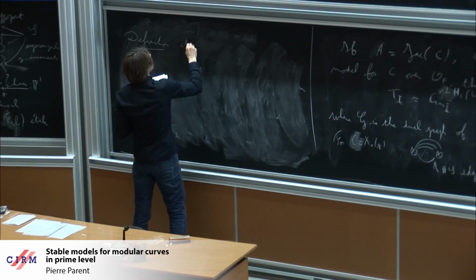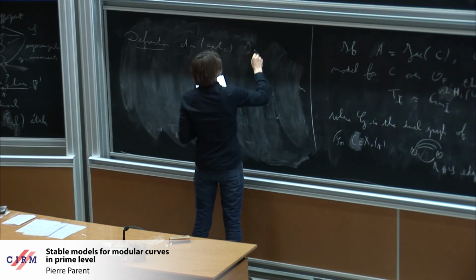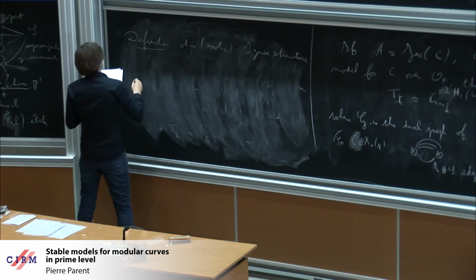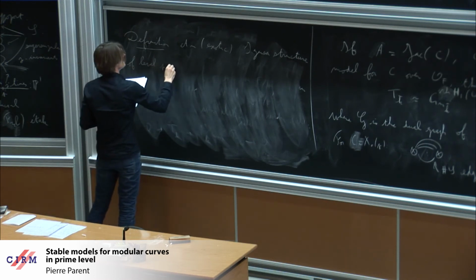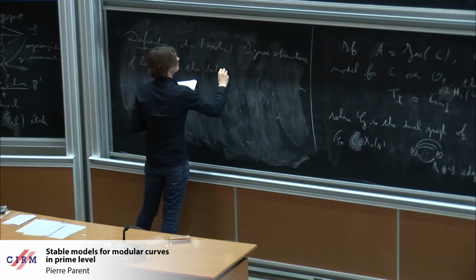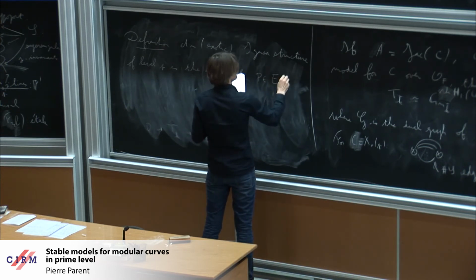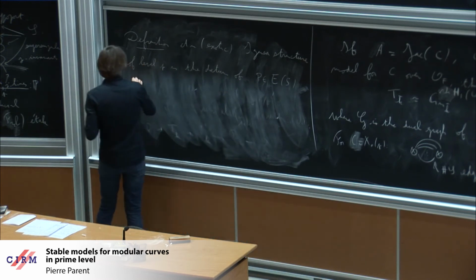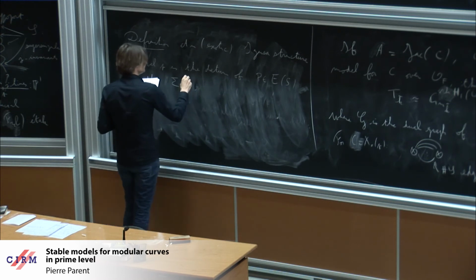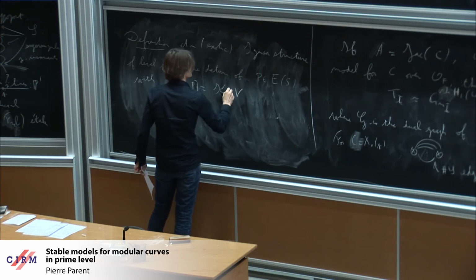So an Igusa structure, this is not very important, but this is the right terminology, of level p, is the datum of some point P in E, such that P generates the étale part of the elliptic curve when it exists.